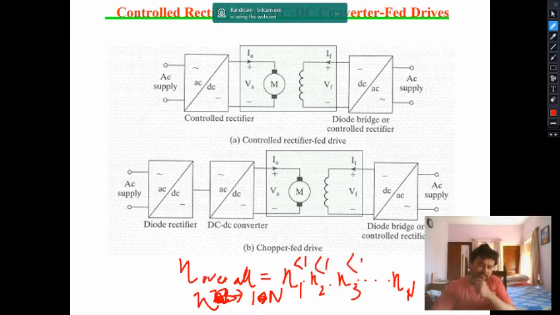So all will be less than 1. So basically they are fractions which are less than 1.